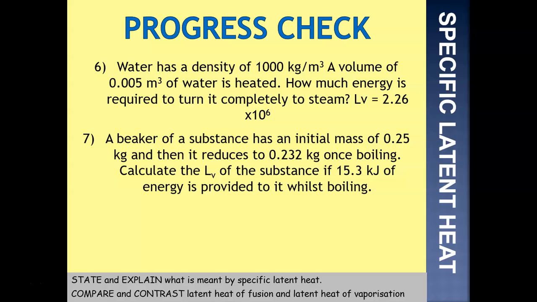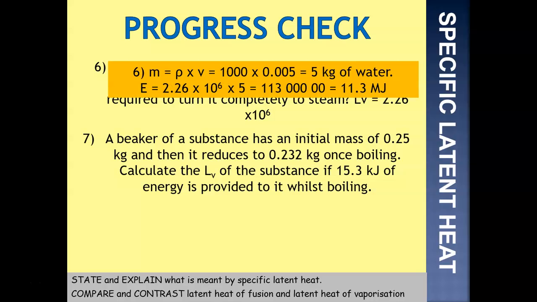Remember, density is mass divided by volume, so rearranging that, density times volume would give us mass. That gives us 5 kilograms of water. We multiply that by the latent heat of vaporization, which is 2.26 times 10 to the 6, giving us 11,300,000 joules, or 11.3 megajoules.